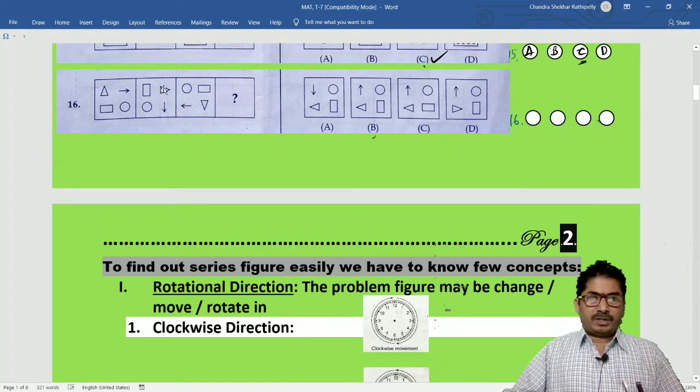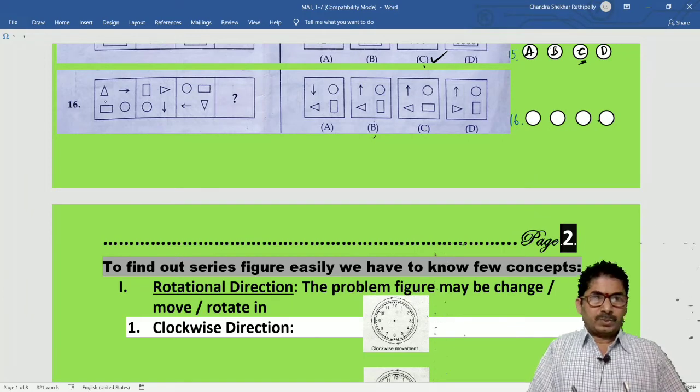So here triangle, next here triangle, next here will come this triangle. So first we have to observe this triangle. Triangle, here to here, next here will come.